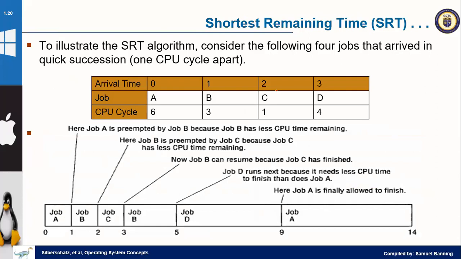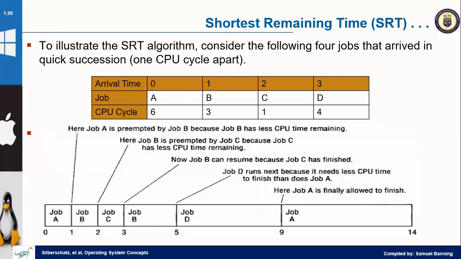Yes, sir. Now, with that, let's look at the average turnaround time here. To illustrate the shortest remaining time algorithm, let's consider these 4 jobs: A, B, C, and D with CPU cycles 6, 3, 1, and 4 respectively.